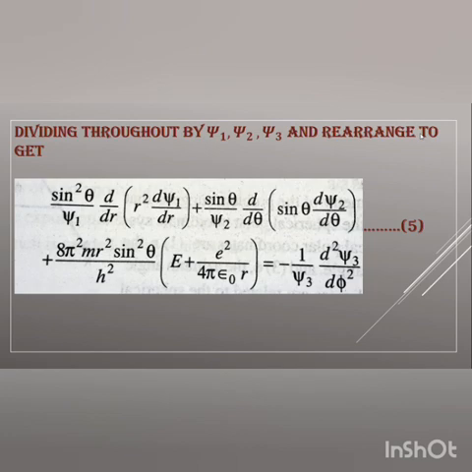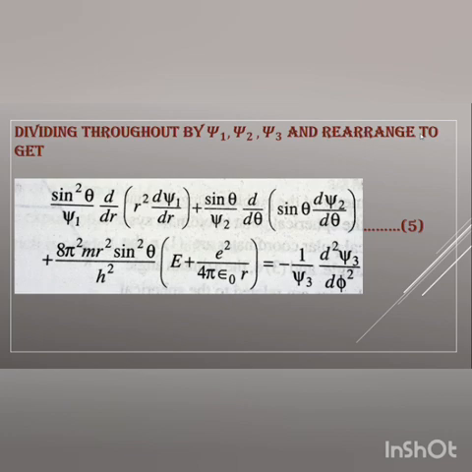When you divide this equation throughout by psi 1, psi 2, psi 3 and rearrange, we get sine square theta by psi 1 del by del r square del psi 1 by del r plus sine theta by psi 2 del by del theta sine theta del psi 2 by del theta plus 8 pi square m r square sine square theta by h square e plus e square by 4 pi epsilon naught r equals minus 1 by psi 3 del square psi 3 by del phi square.